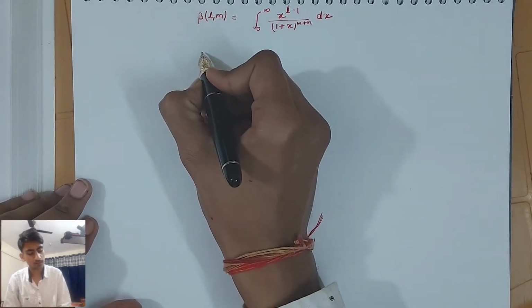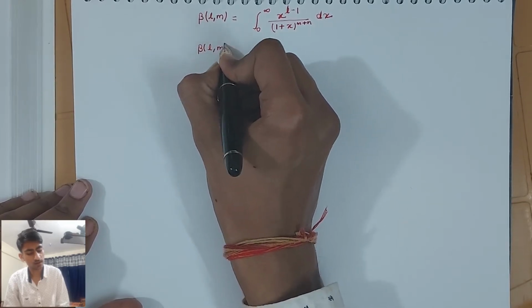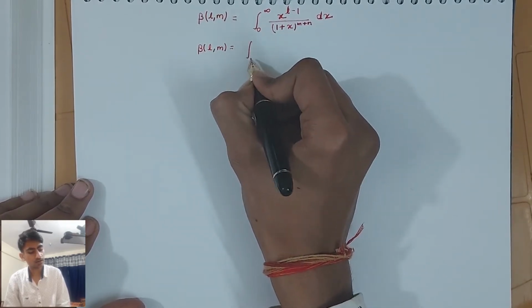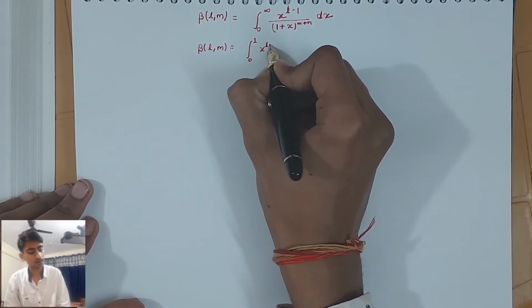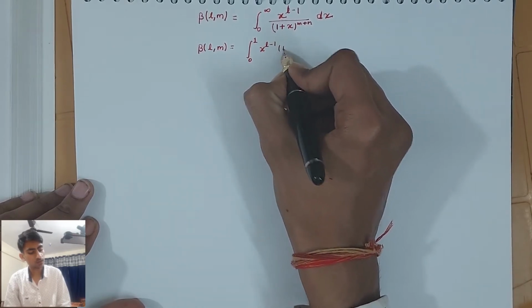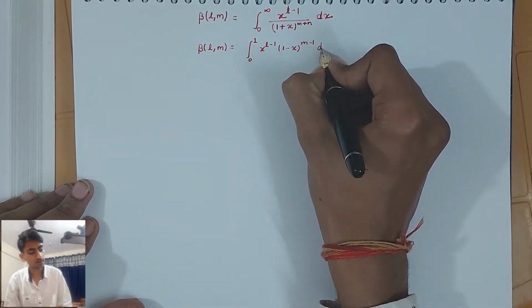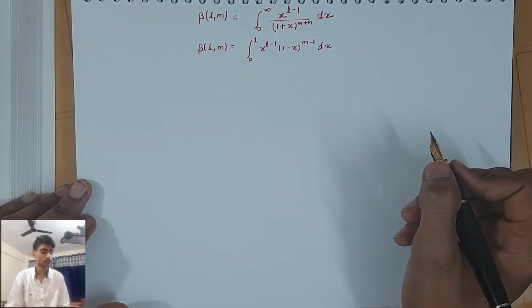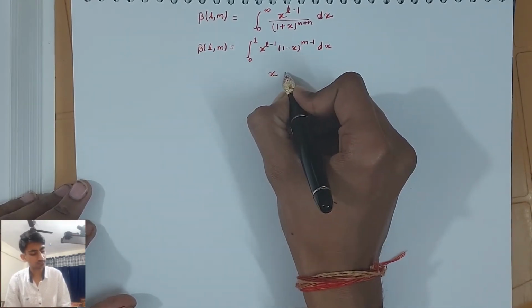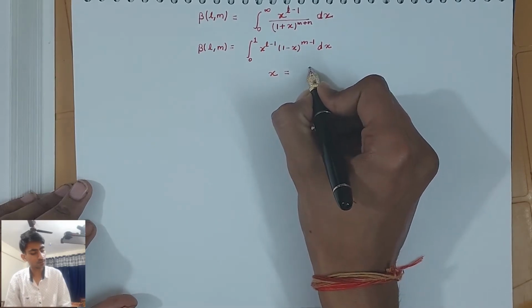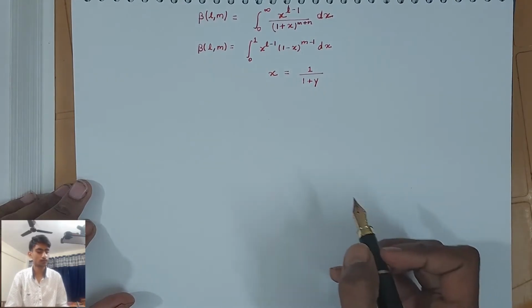Okay, so let's start with the standard definition of beta function, that is beta L comma m is equal to integration from 0 to 1 x to the power L minus 1 and 1 minus x to the power m minus 1 dx. Okay, so if I substitute x with 1 divided by 1 plus y, why like this?